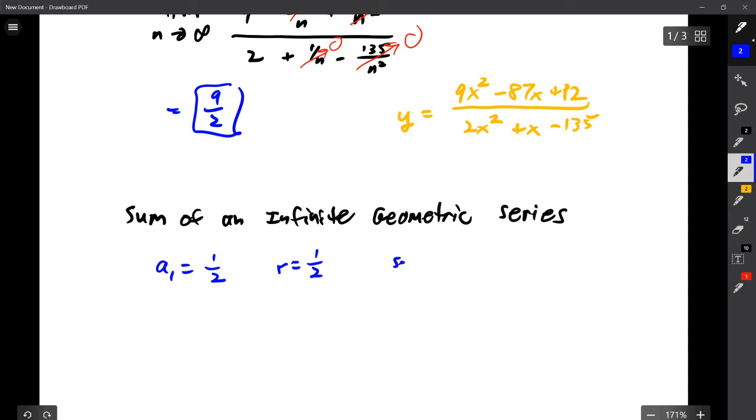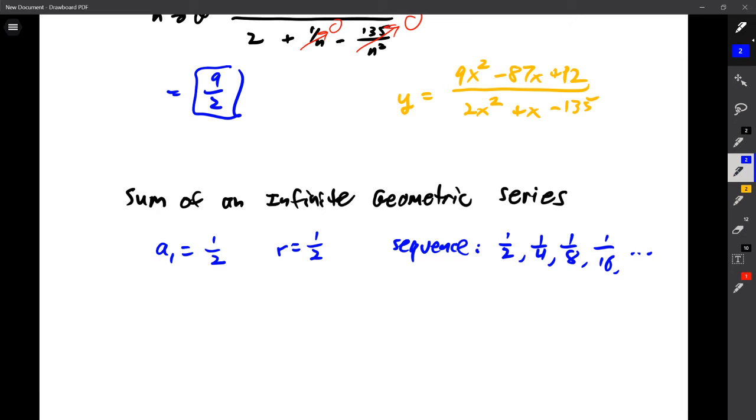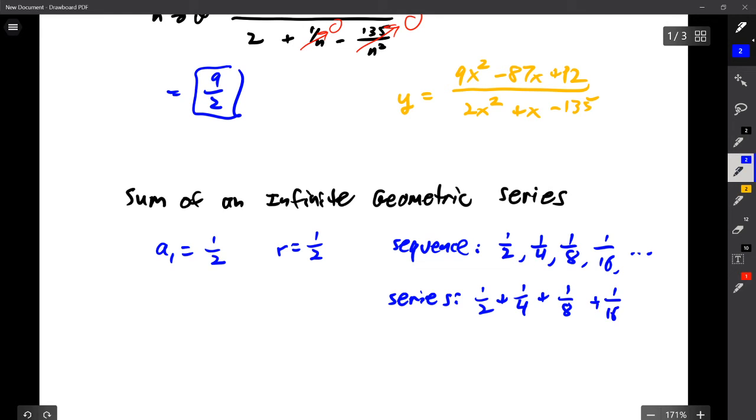So the sequence here would be 1/2, 1/4, 1/8, 1/16, dot, dot, dot. Keeps on going forever. So that would be the sequence. The series would be the sum of those. So that would be 1/2 plus 1/4 plus 1/8 plus 1/16 plus dot, dot, dot.